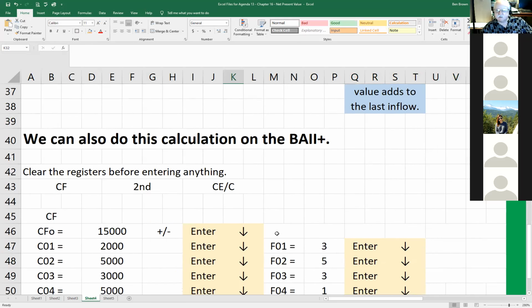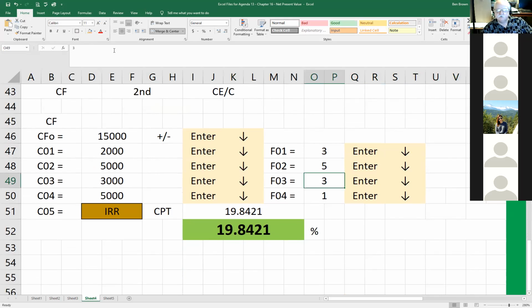And when we translate it down here, it has to be the 3,000 3 times, and then the 5,000 1 time. Does that help?